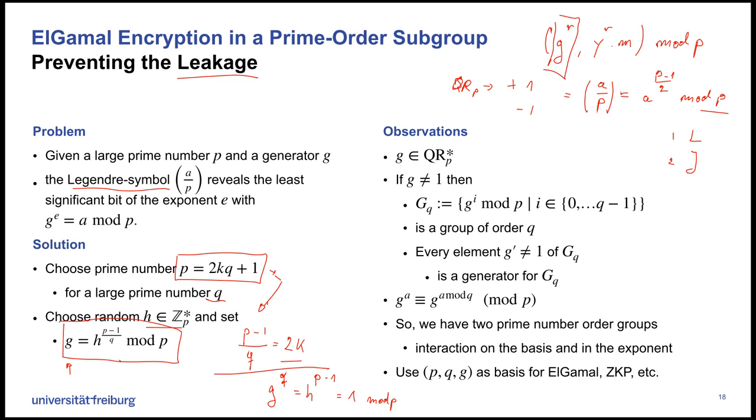So now what we do is we do not work with generators anymore. We work with these numbers, with g. First of all, g is a square number. It could be that g is equal to 1, but then you're really unlucky to take the wrong h. If it's not equal to 1, then you can prove that this is a group of order q, which is a prime number, a group of order of a prime number.